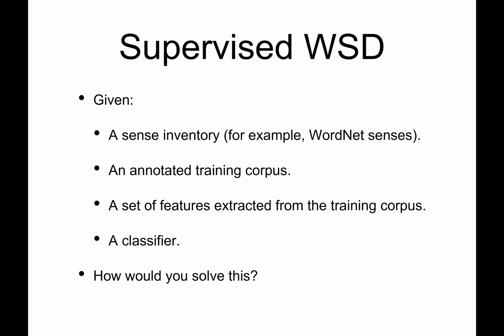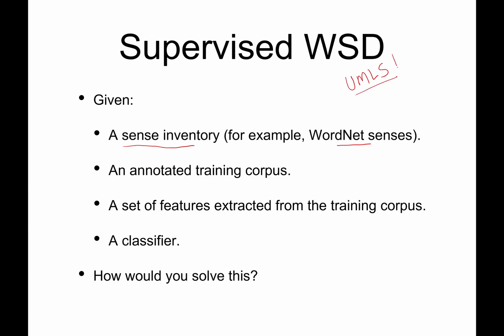So, starting with supervised word sense disambiguation. What you have is a sense inventory, right? So WordNet senses, for example, or you could make your own lexicon, or you could choose one that is domain specific. For example, in the medical domain they have UMLS.